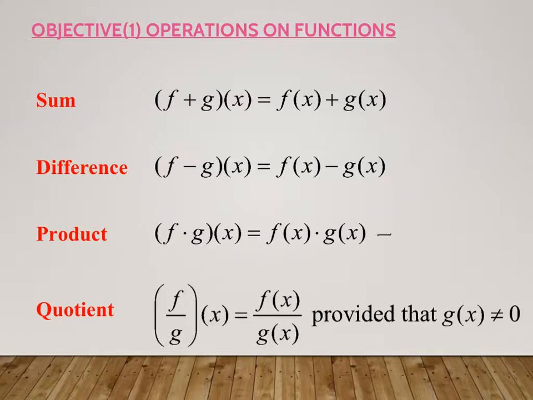Sometimes we represent this also as fg of x, so either notation will work. The quotient, f divided by g of x, is equal to f of x divided by g of x, provided that g of x does not equal 0.